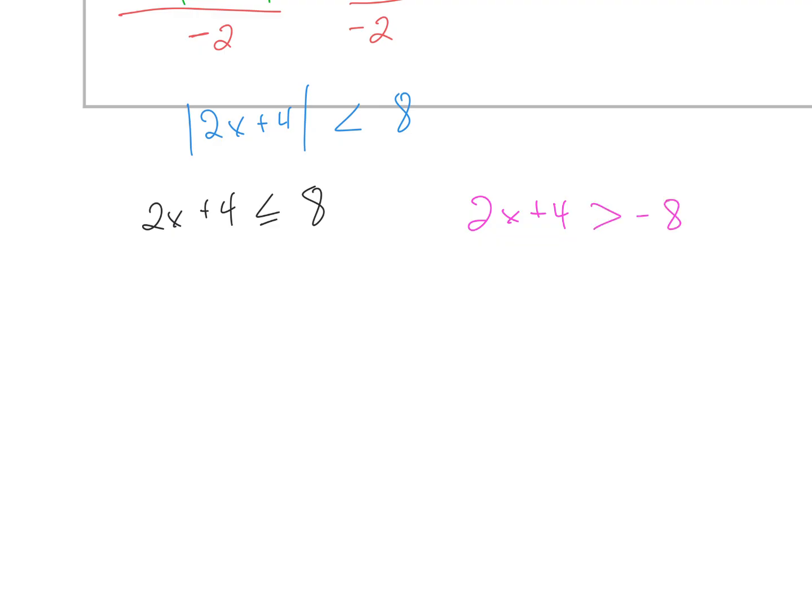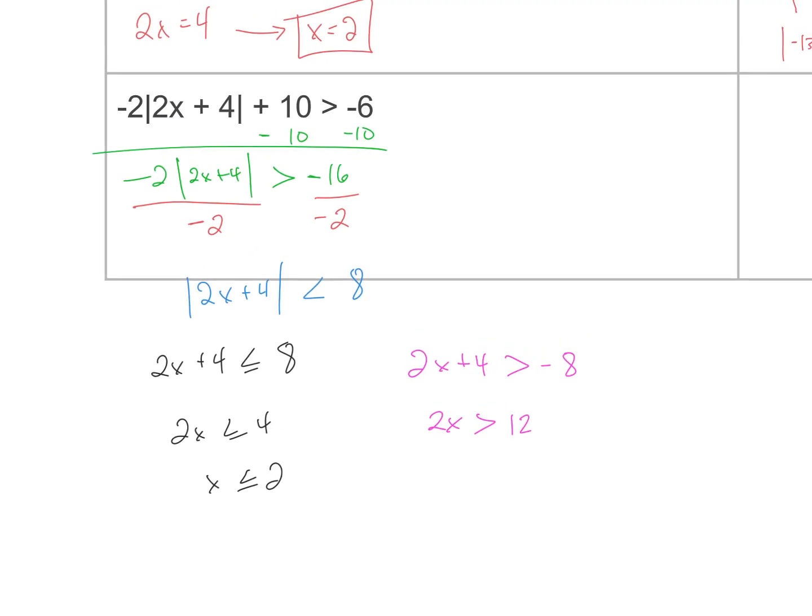Let's solve. Subtract 4, divide by 2, subtract 4. Hold up, where did I get that? There shouldn't be an equal to part right here. My bad. Okay. Back to this. 2x greater than 12.